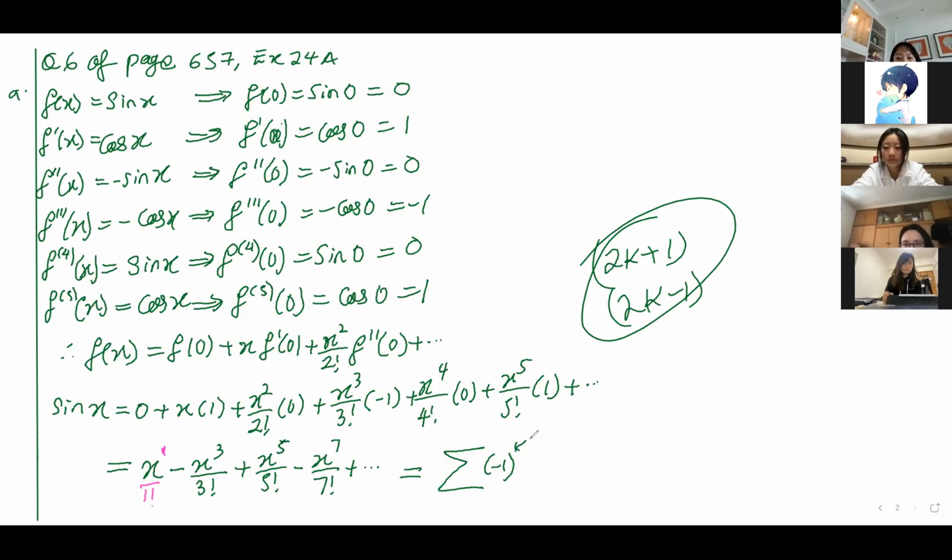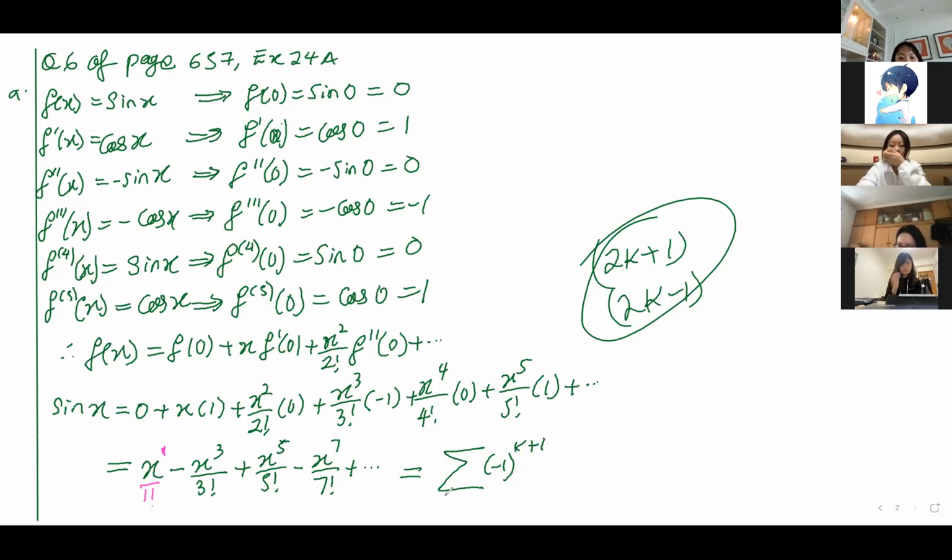So we can have k plus 1 or k minus 1, it doesn't matter. When k is equal to 1, now our k will be starting from 1, I think. Yeah, we don't need 0 because we don't have a 0 factorial. Or we can look at the format that the question wants.